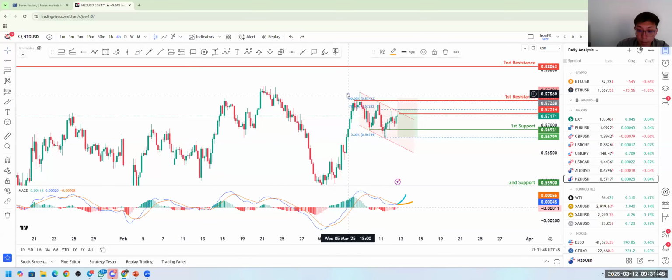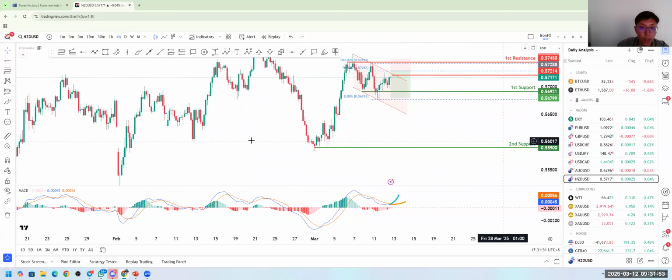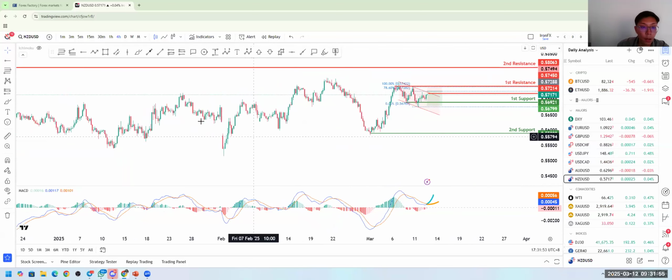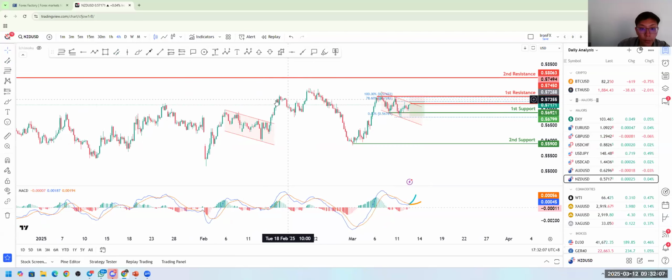If you realize, NZD USD, they actually react quite effectively on channels. If you look at this area, right? Break above, come down, bullish.